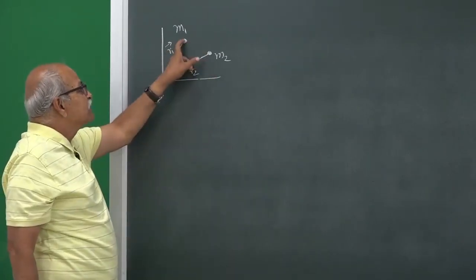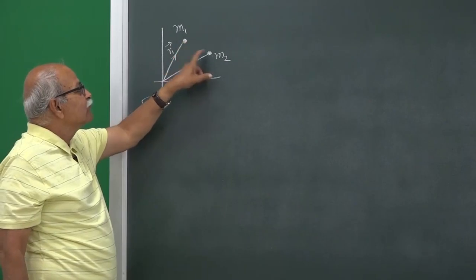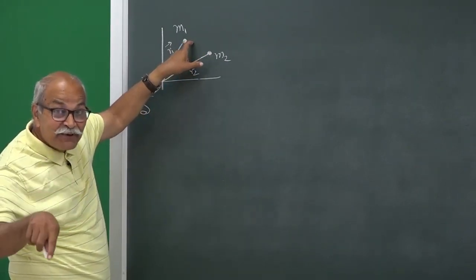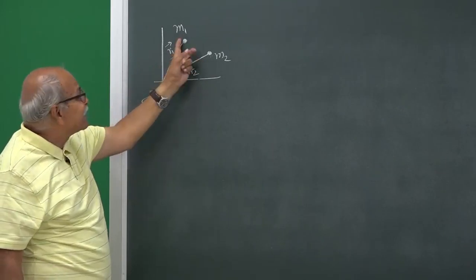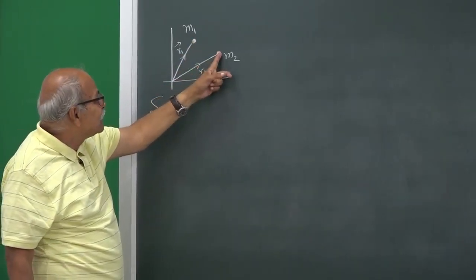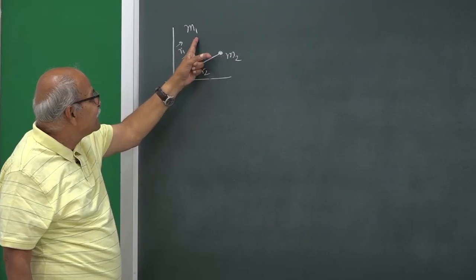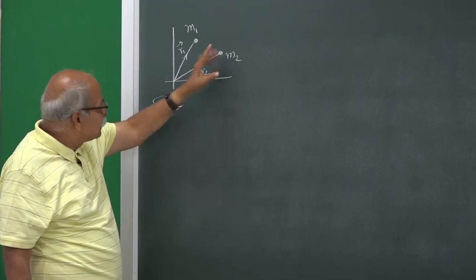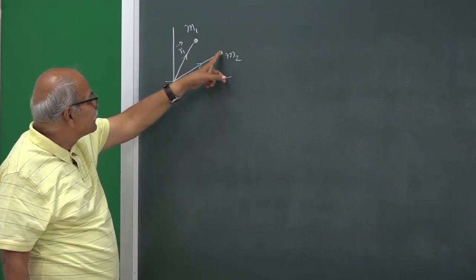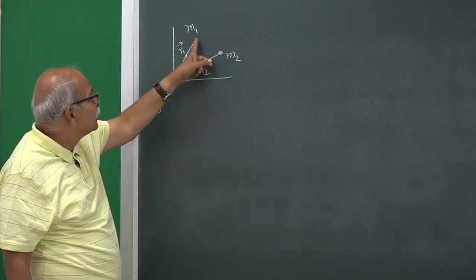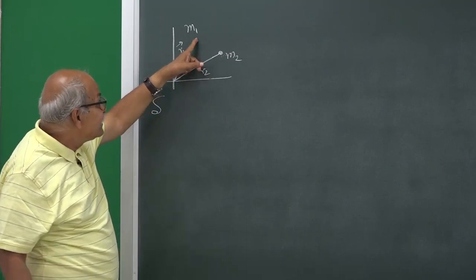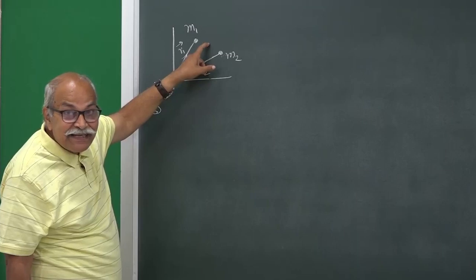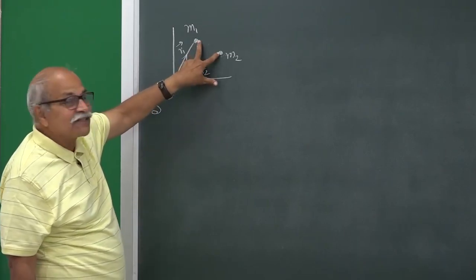These two objects are exerting forces on each other, and that force is directed along this line joining, force on m2 by m1, and so is the case when you consider force by m2 on m1, and the magnitude of these forces is dependent only on this separation.